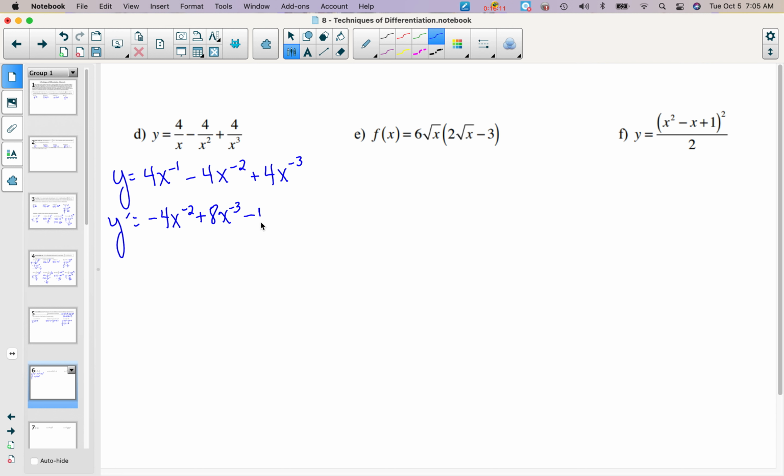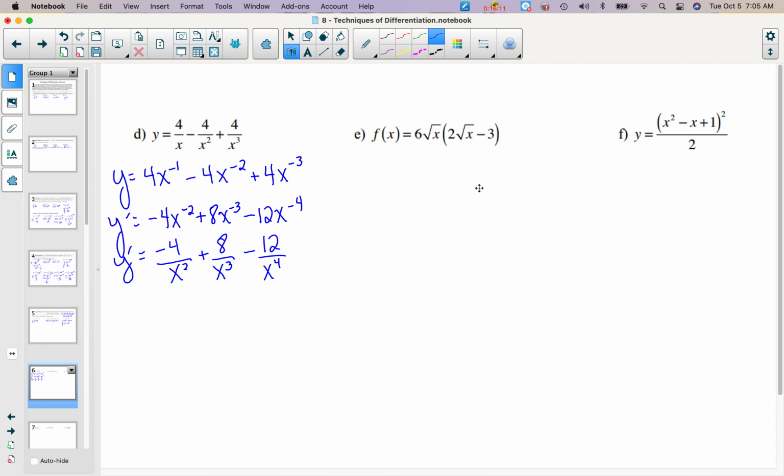This is going to be minus 12x to the minus 4. Then we're going to flip this back around. So we get negative 4 over x squared plus 8 over x cubed minus 12 over x to the 4th.